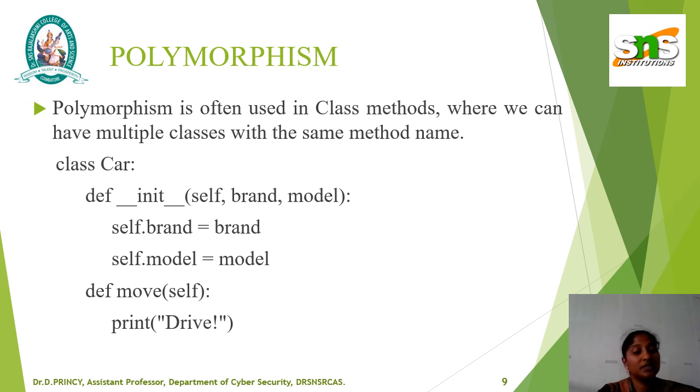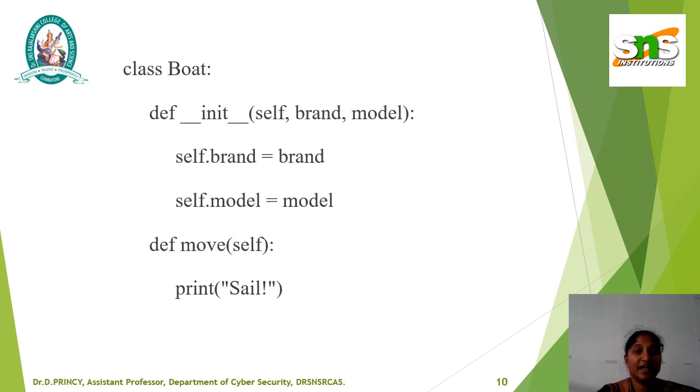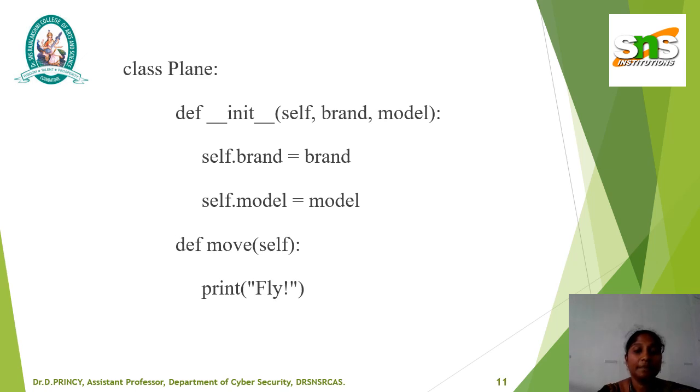It contains a statement printing Drive. Another class, Boat, also has the method named move. When I call this function belonging to the Boat class, it displays its result. Another class is Plane. It also has a method named move, and it is used to display the word Fly.